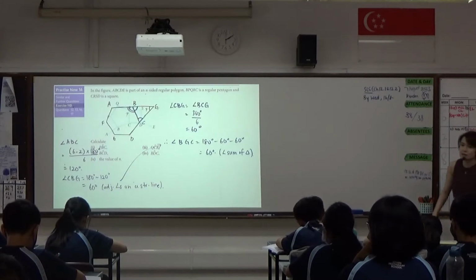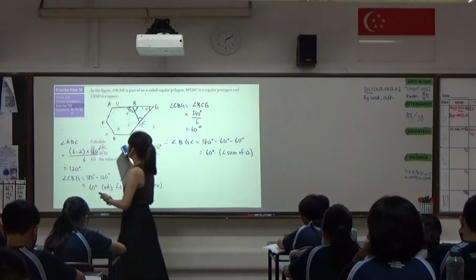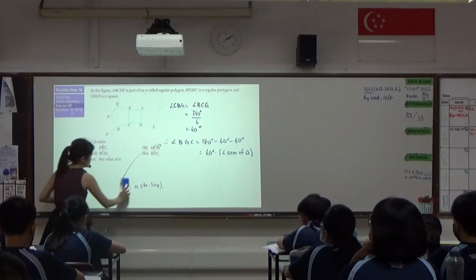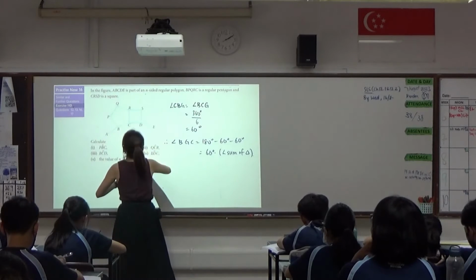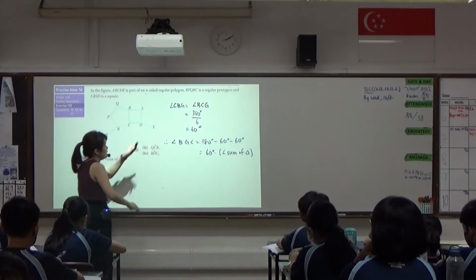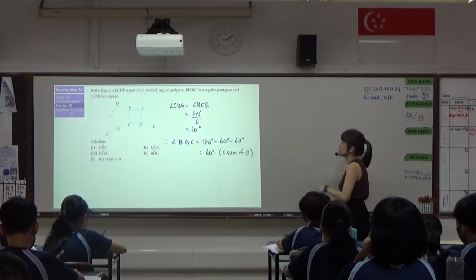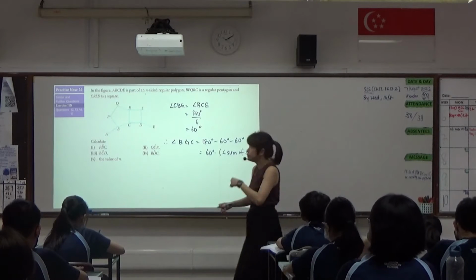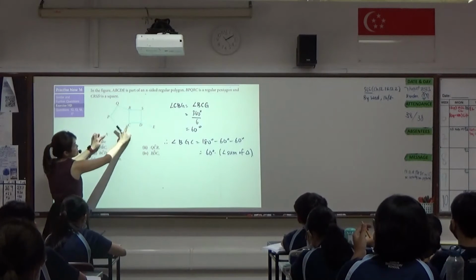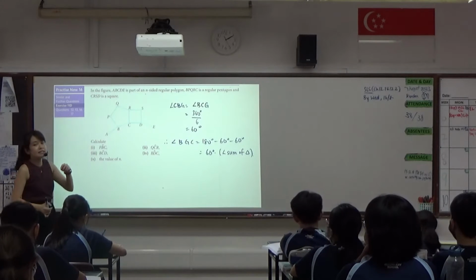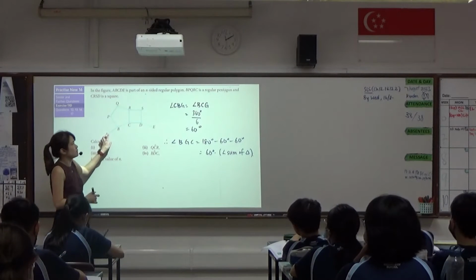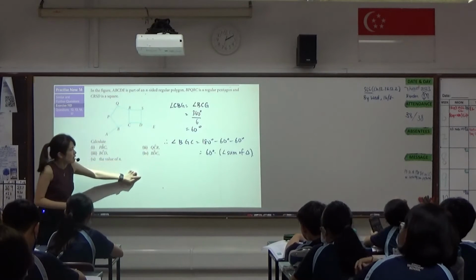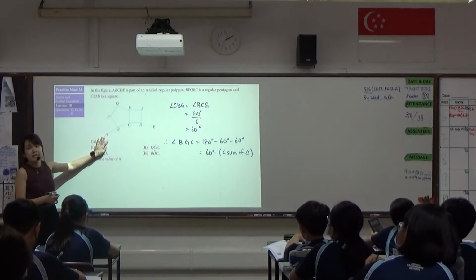Let's look at practice now 16. I'll leave this at the side here in case anyone wants to copy still. We are told that ABCDE is a part of an n-sided regular polygon. That means this part over here makes up a polygon, just that it's incomplete.